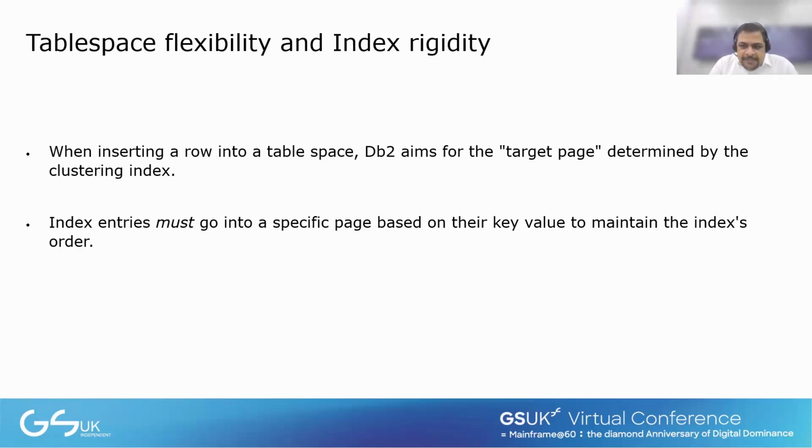Sometimes that target page is locked, at times other processes are there, and that page could be full. So Db2 inserts the new row into some other page in that case. That page could be physically very close to the page where it was intended to go, or sometimes it could be a very distant page, depending on availability.